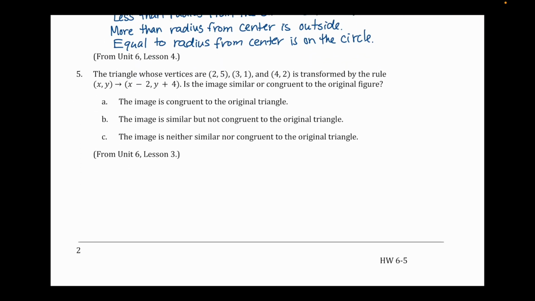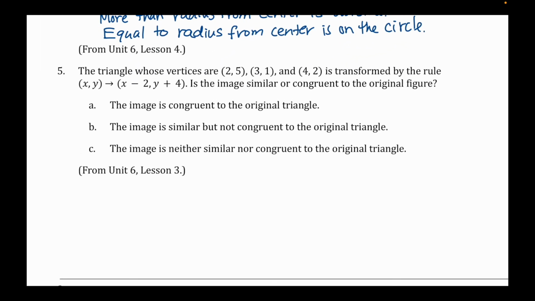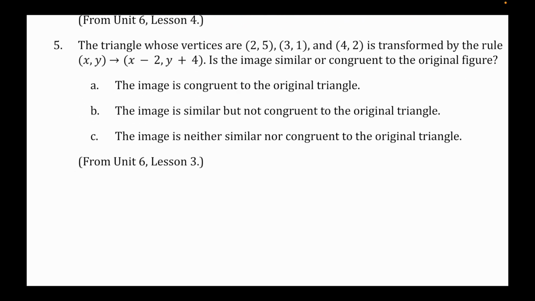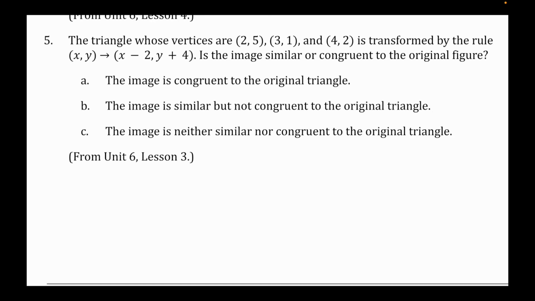And so the last one here is a triangle transformation. The triangle whose vertices are 2, 5, 3, 1, and 4, 2 is transformed by this rule. So we have x, y transforms to x minus 2, y plus 4. We want to know, is it similar or congruent to the original figure?